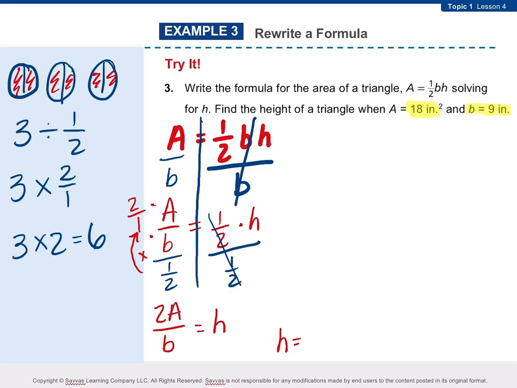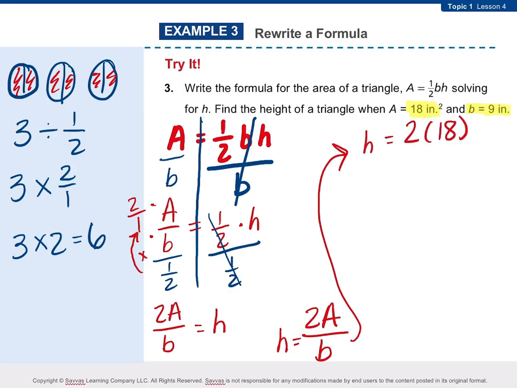So now I have my equation is h equals 2a divided by b, and I'm just going to take it up here, I'm going to plug in my numbers. So I have h equals 2 times a is 18, right above it, over b, which is 9. It said that in my question, right? 18 and 9, the ones that we highlighted.